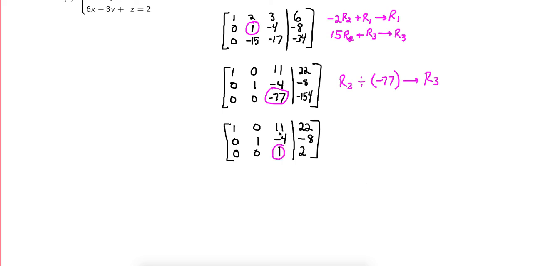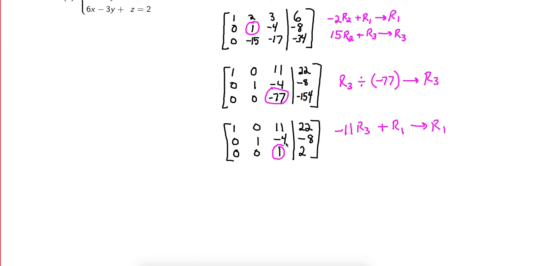And now we want to get the values above it equal to 0. So again, the idea is if we take the opposite of 11, which is negative 11, and multiply that negative 11 by this 1, in row number 3, and we can add it to row number 1, that'll be our new row number 1. So negative 11 times 1 plus 11 will give us a 0 here.